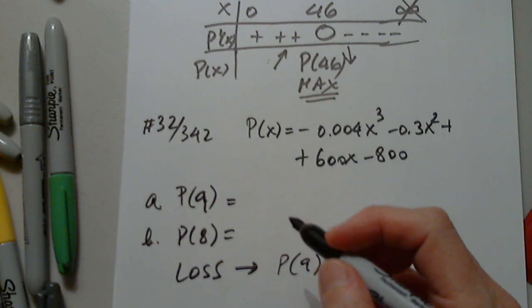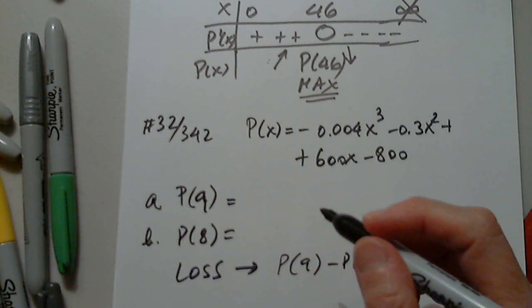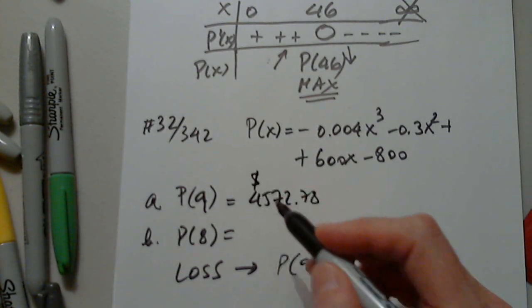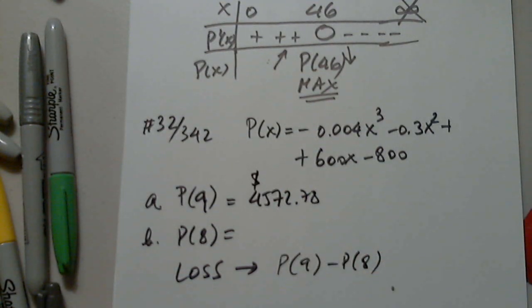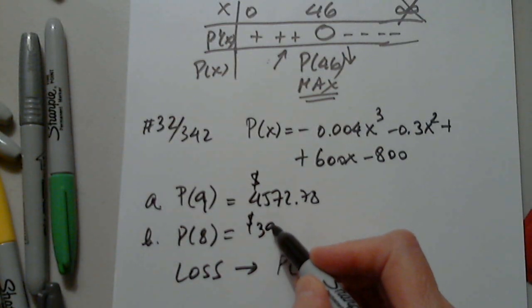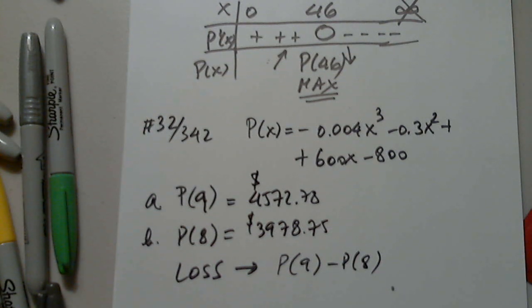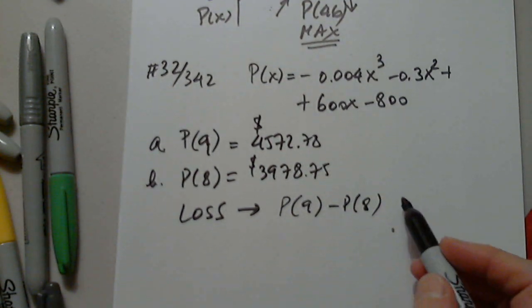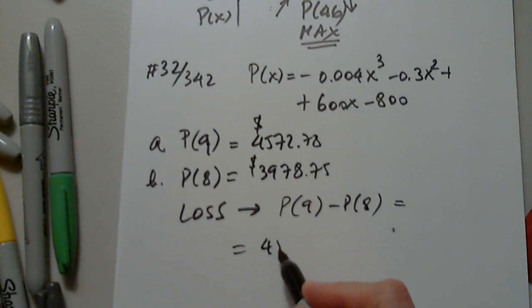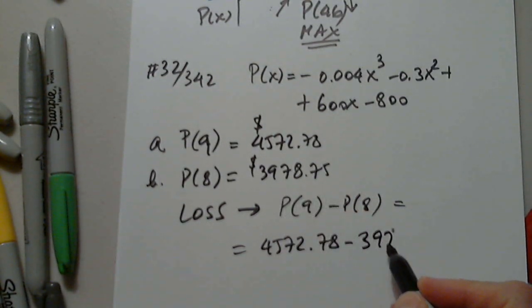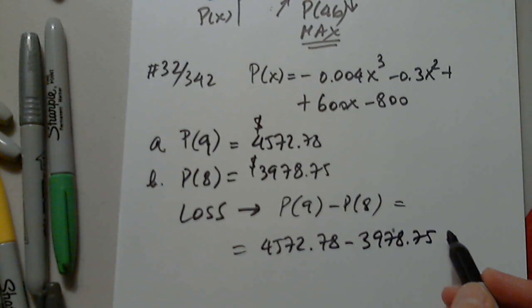So first one is 4572.78, and the other one is 3978.75. How much will be lost? 4572.78 minus 3978.75.